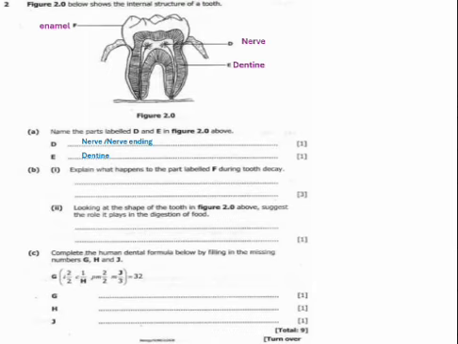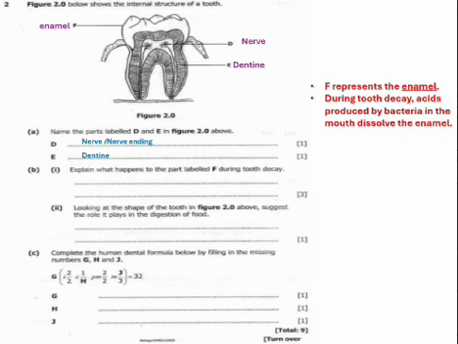Question B, Roman numeral 1. Explain what happens to the part labeled F during tooth decay. 3 marks. In order for you to get the full 3 marks, this question is telling you to describe what happens during tooth decay. Part labeled F represents the enamel.